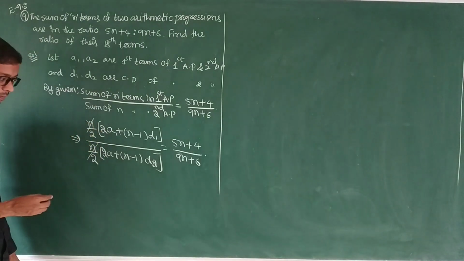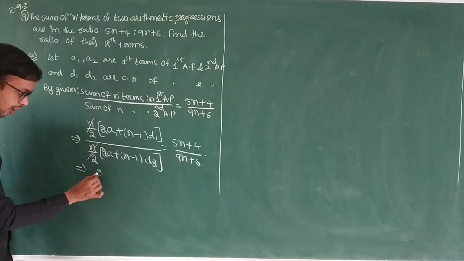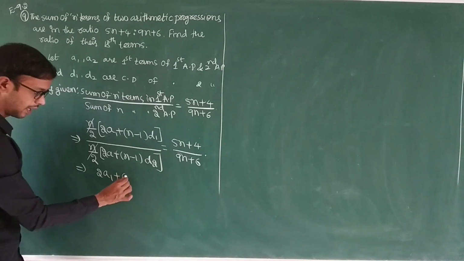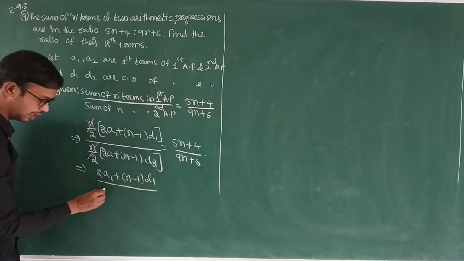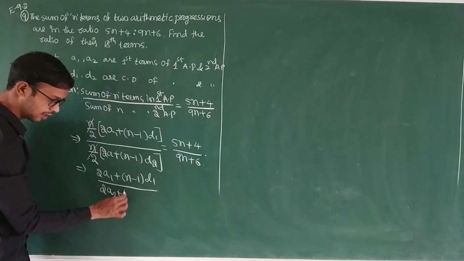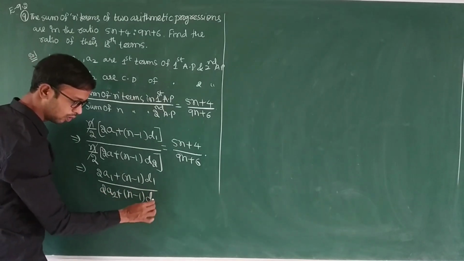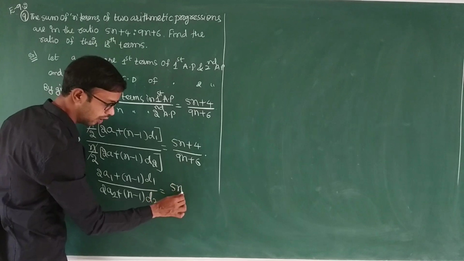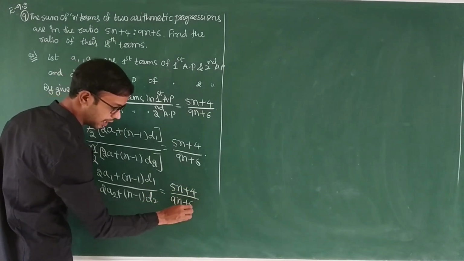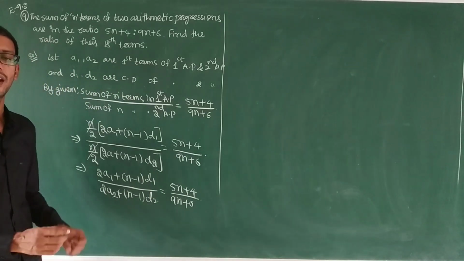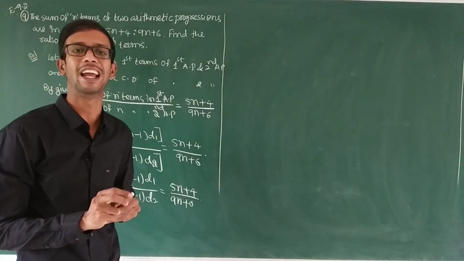The n by 2 gets cancelled. How much do we get here? 2a1 plus n minus 1 into d1 divided by 2a2 plus n minus 1 into d2 is equal to 5n plus 4 by 9n plus 6. Here is a very important step, taking the n value.